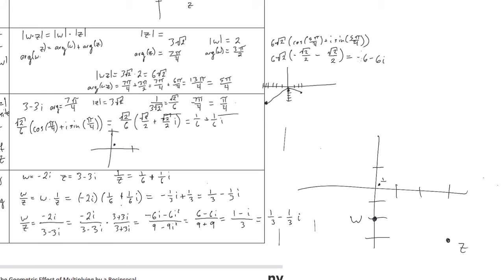Then we arrive at 1/3 minus 1/3 i. So about twice as far away, twice as far down, right there at our reciprocal. And that is the last exercise.